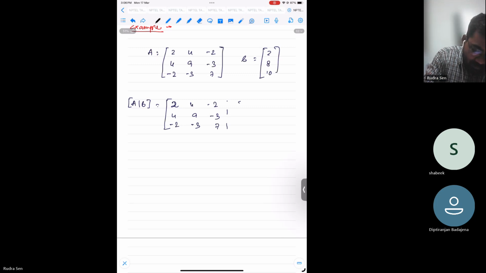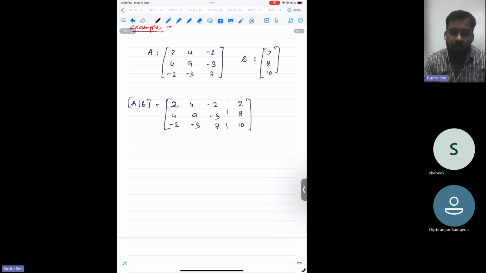We all know we do this row echelon form, and if we get this 0 equals 0 format in the last row or the last two rows, then we can say the system is solvable. If we get 0 equals some non-zero number, then we can say that the system is not solvable.